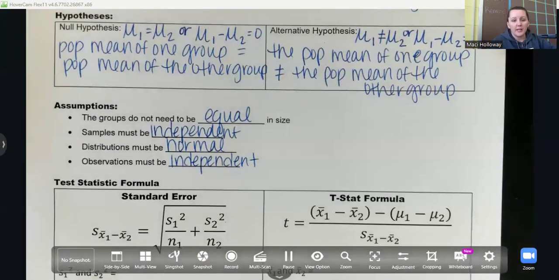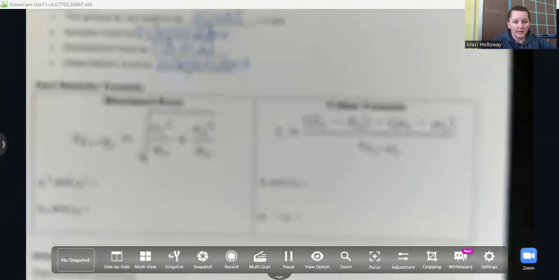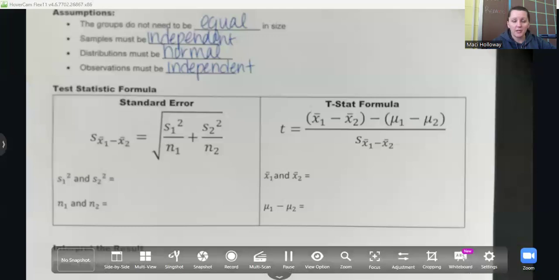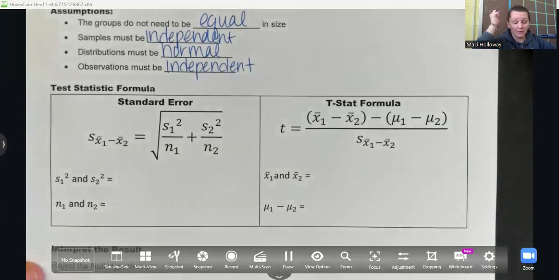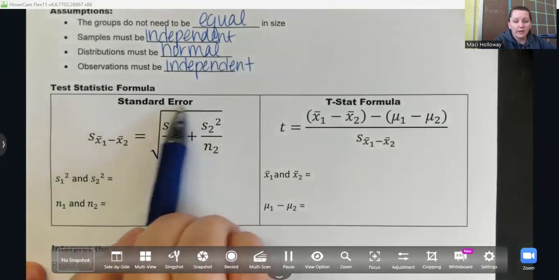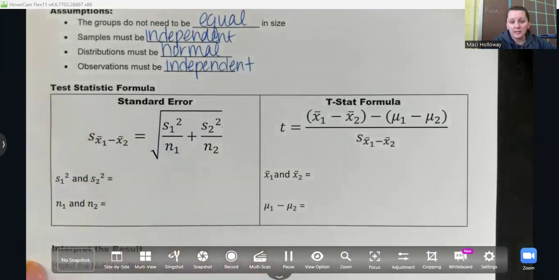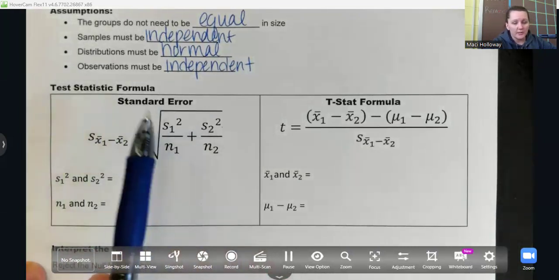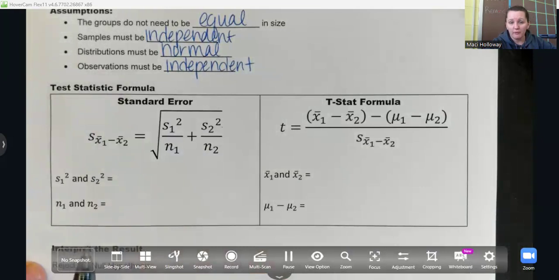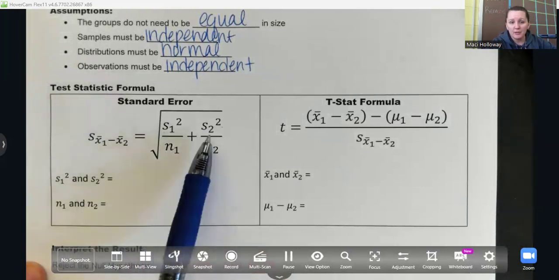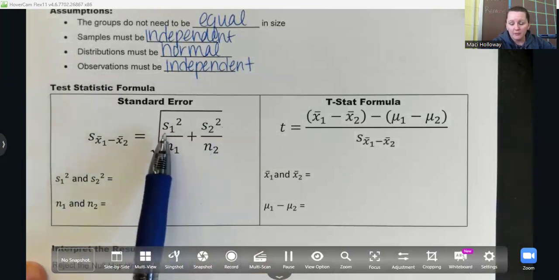All right, so let's look at our formula. Some of these vocabulary terms are very similar, like standard error. To find standard error in our other t-tests, we had to do standard deviation divided by the square root of n. Since we have two standard deviations and two sample sizes, our formula is going to be a little bit different.